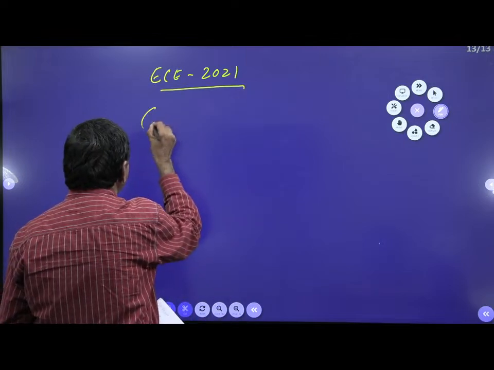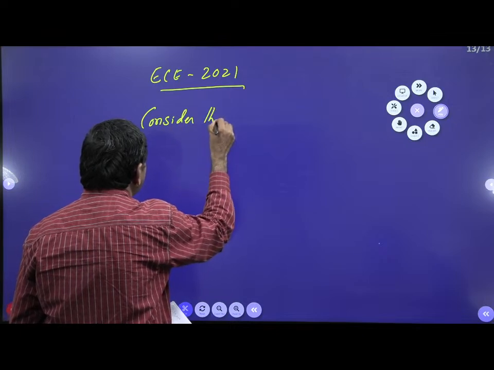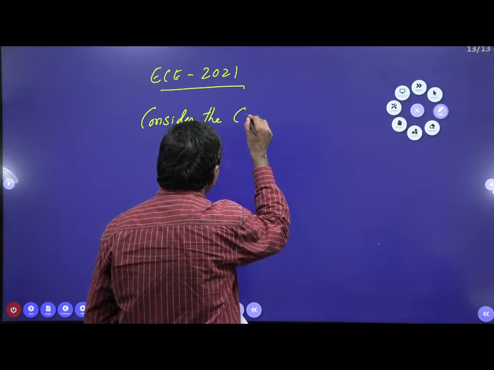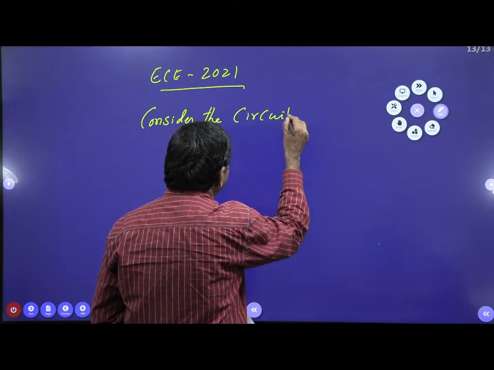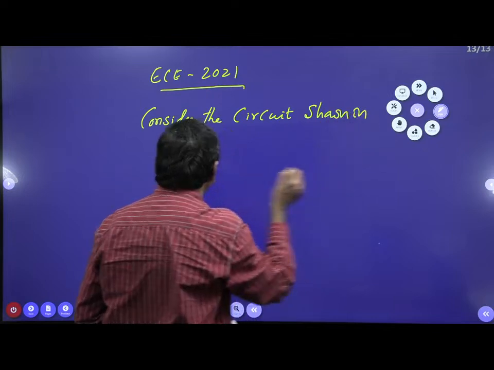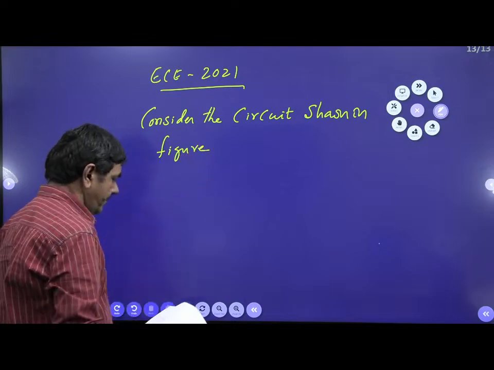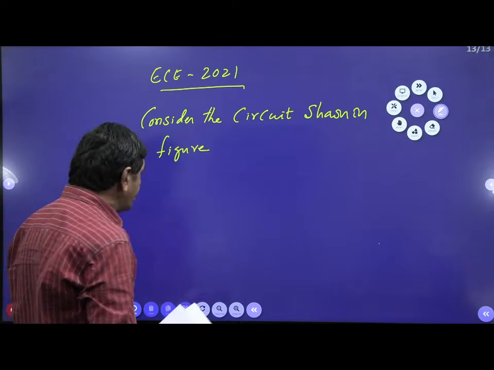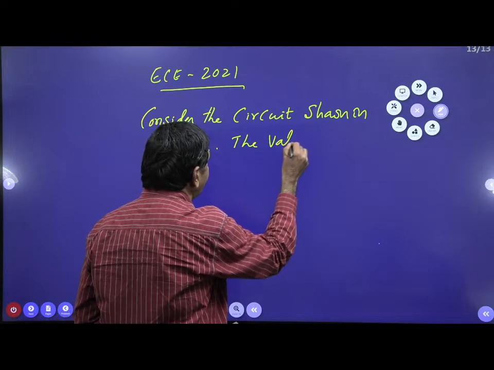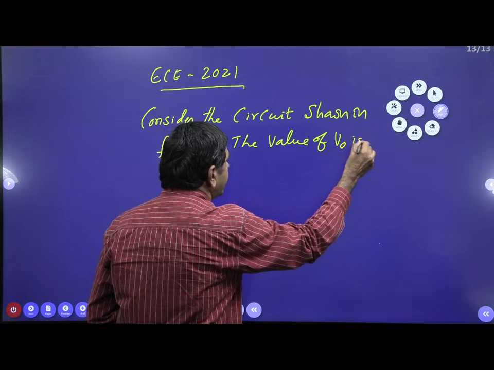Consider the circuit shown in figure. The value of V naught is dash.